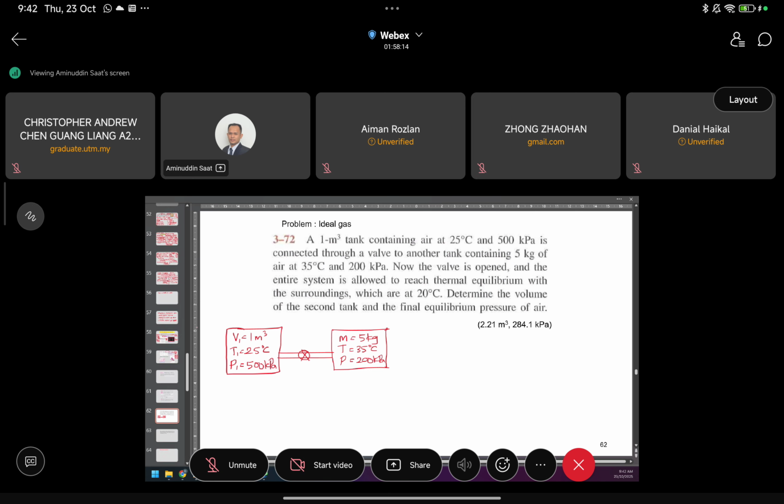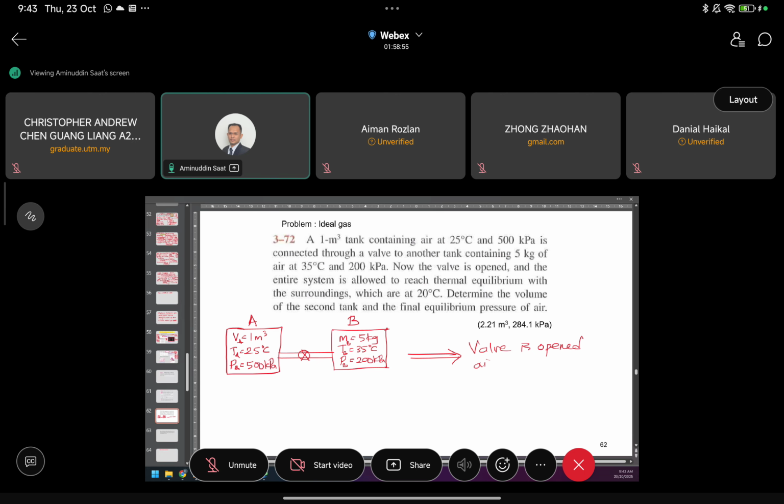To make the calculation easier, I label this tank A and this tank B. So this is not V1. This is VA, TA, and PA. And this is mB, TB, and PB. So what happened? The valve is opened.